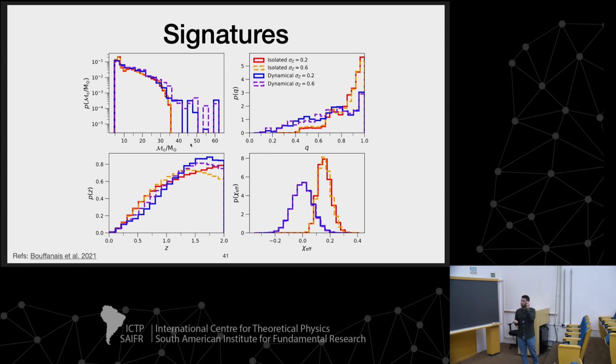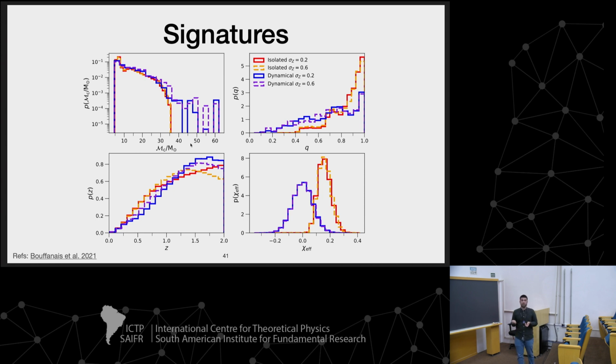So, for example, what I'm plotting here is the chirp mass, the mass ratio, redshift and chi-effective spin distribution. The red line is black holes formed in the isolated formation channel. Blue line is black holes formed in the dynamical formation channel.